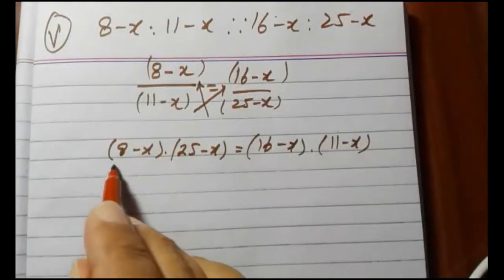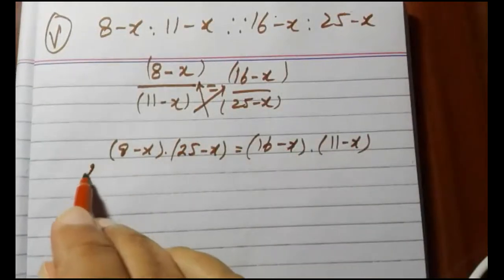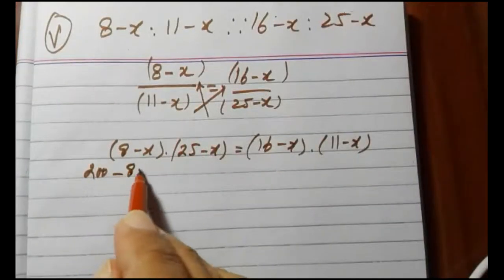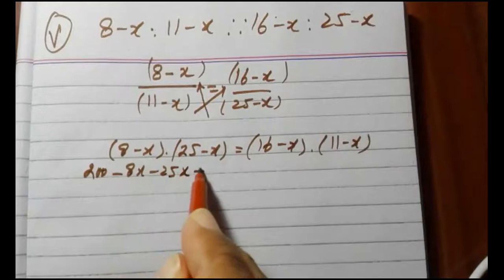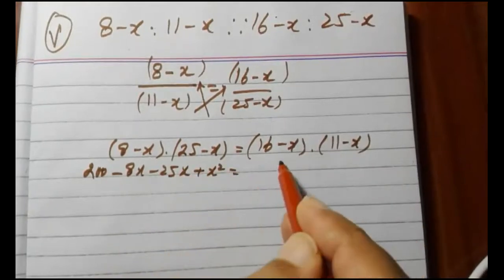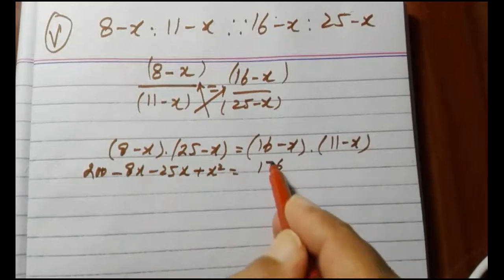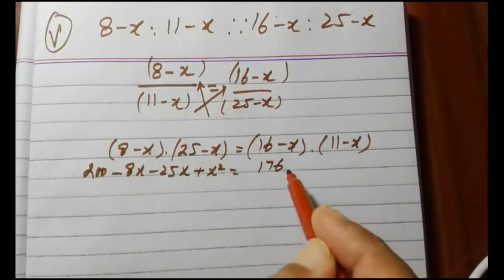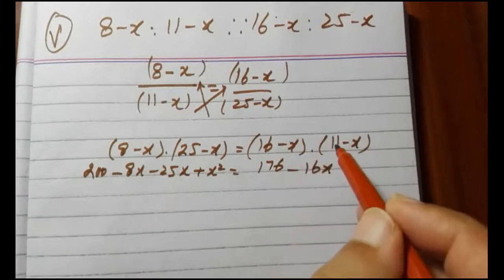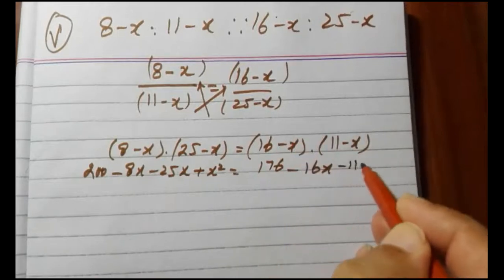25 into 8 will become 200, minus 8x, minus 25x, plus x square, equals 16 times 11, 6 sixes are 66, it will become 176 minus 16x minus 11x plus x square.